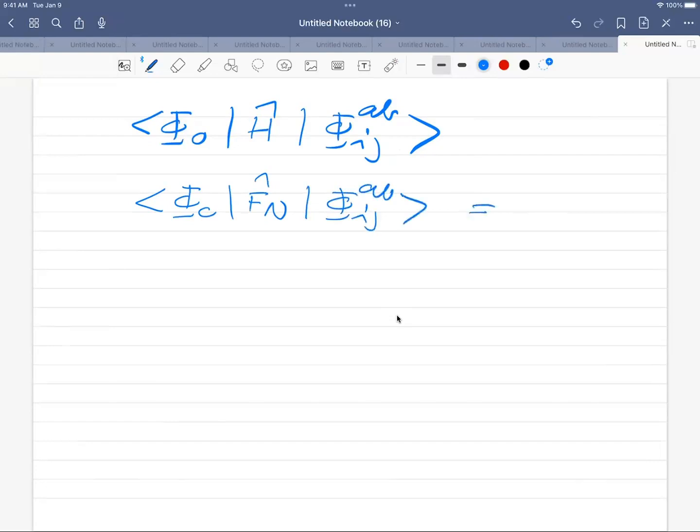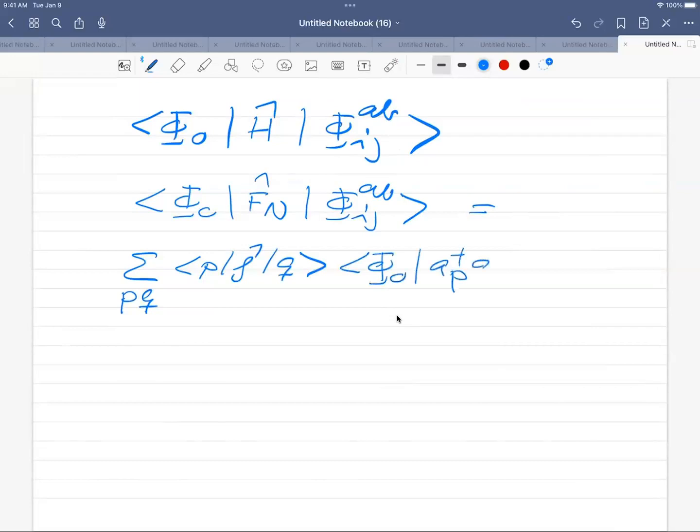And what this translates into, when we put in all the expressions, is the integral, and then we have f_pq, and then we have Φ0, and then the operator a†_p a_q, and then we have a†_a a†_b a_j a_i, and Φ0.